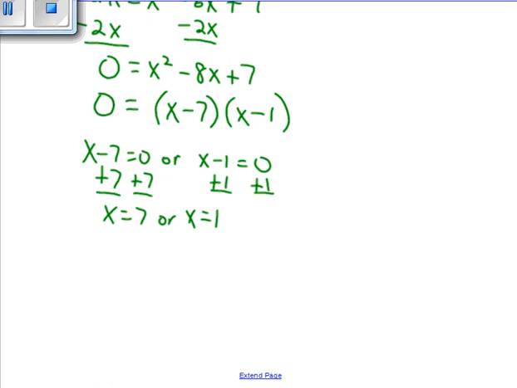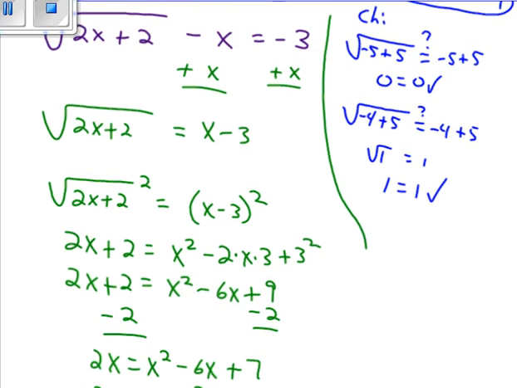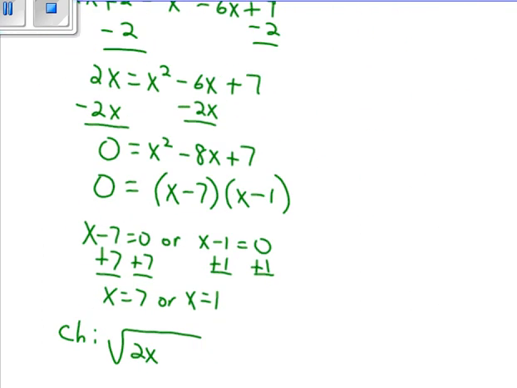So continuing with the check here. My equation is root 2x plus 2 minus x equals negative 3. So I'm going to substitute on first check x equals 7.